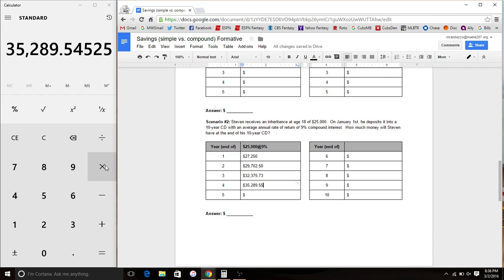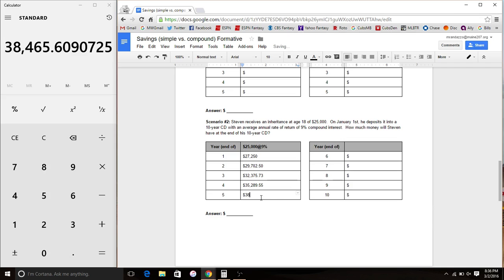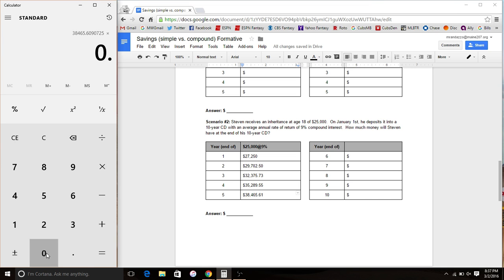Taking that number, timesing it by 0.09 plus the previous number. You're at $38,465.61. Times that by 0.09. Add the previous number.